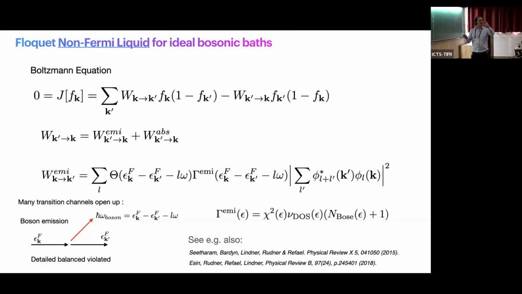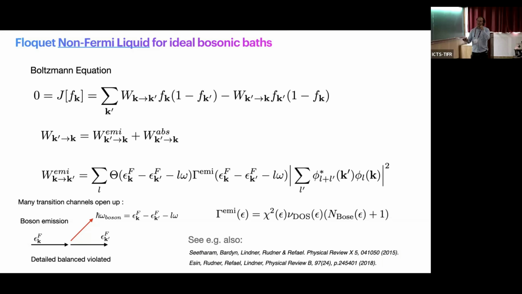So this conclusion that you would have rectification inside of the gap is also true here, because all the occupations will not be functions only of Floquet energies. They will also depend on Floquet amplitude. So there's a matrix element of overlap of the initial and final Floquet state. And there is a factor that contains the information about the coupling of the bath, the density of states of the bath, and the temperature of the bath.